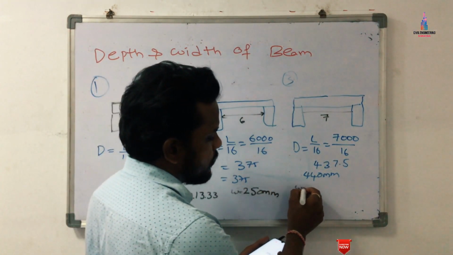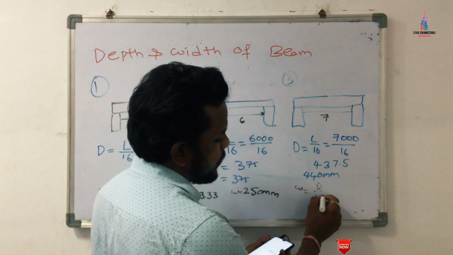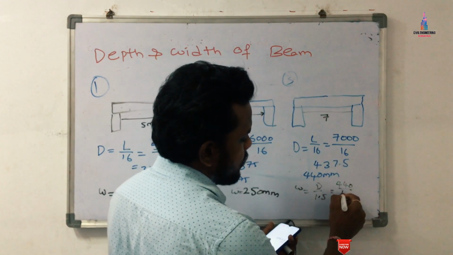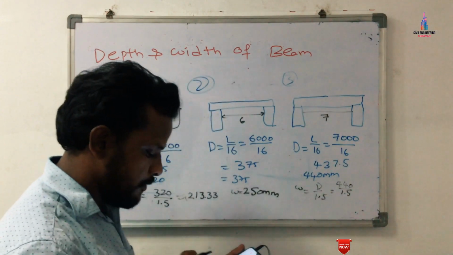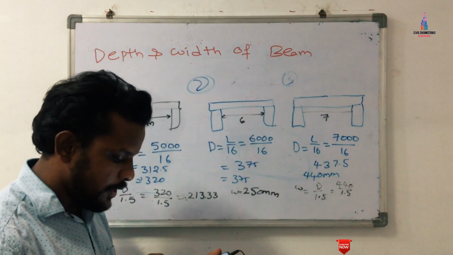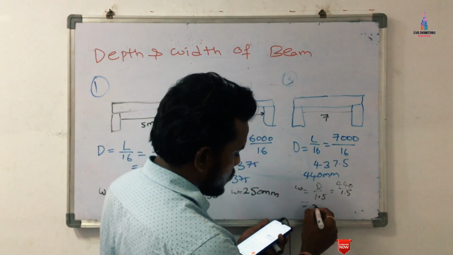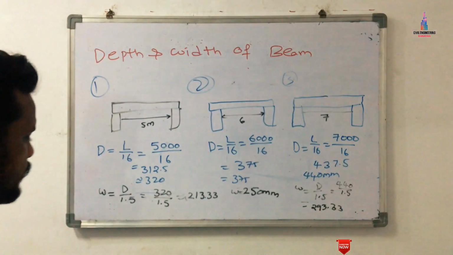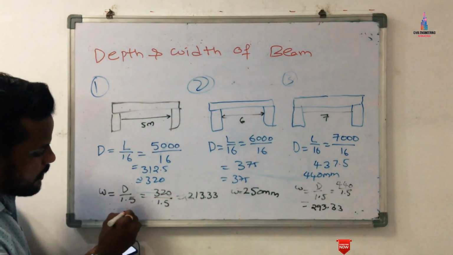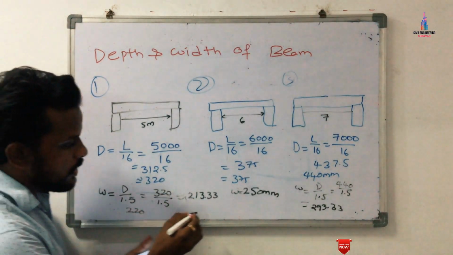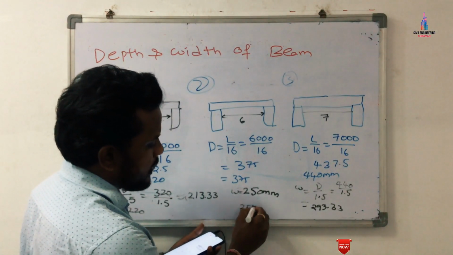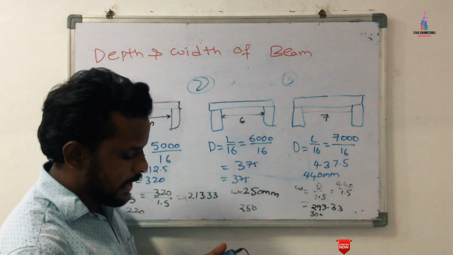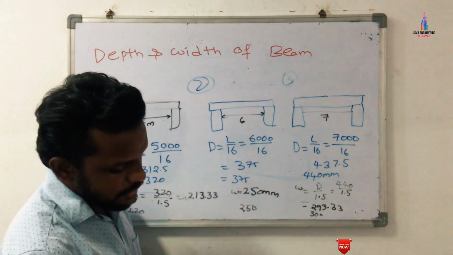Again the same process: width equals depth divided by 1.5, so 440 divided by 1.5 is approximately 293.33, so you can consider random values from this. Here we will consider 220, again 250 approximately, and here 300. This is the process to calculate the depth and width of the beam by using the thumb rule.